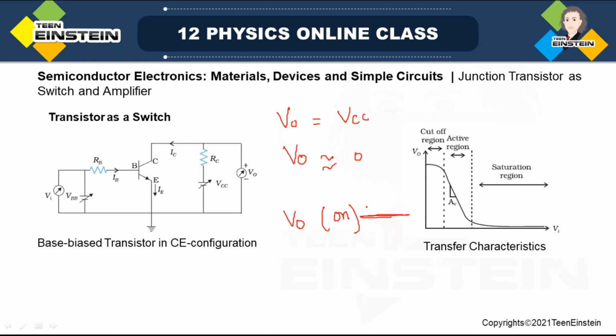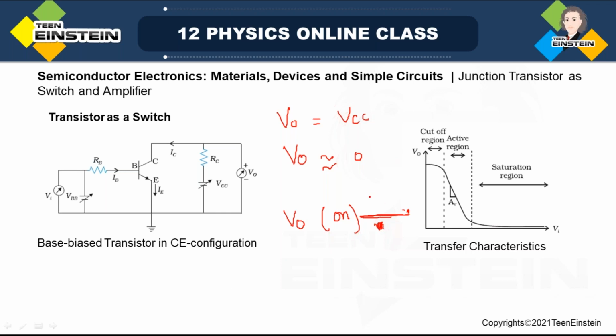Okay, when the voltage is almost zero, just above the zero level. In the cutoff region you get maximum voltage.